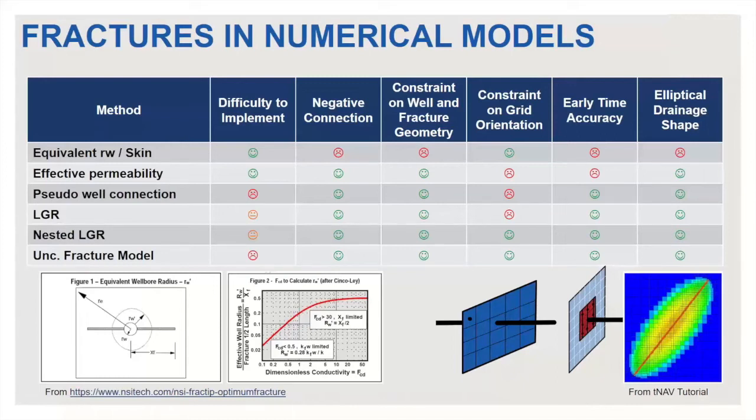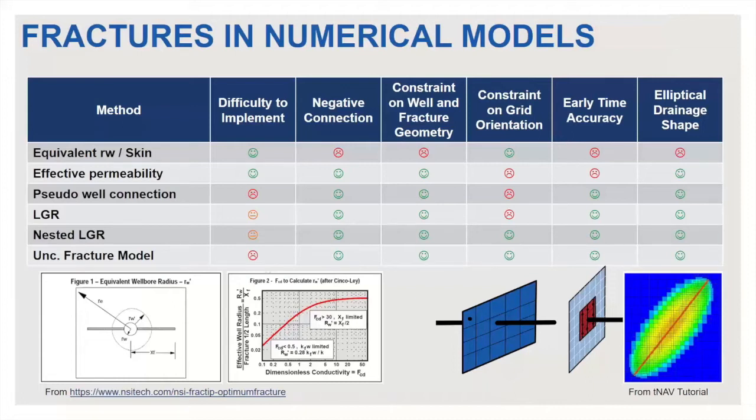And then you've got ever increasing methods with a different set of complexity. You have the effective permeability method, the pseudo well connection, whereby you introduce pseudo connections between the well and grid blocks which are in the fracture plane.